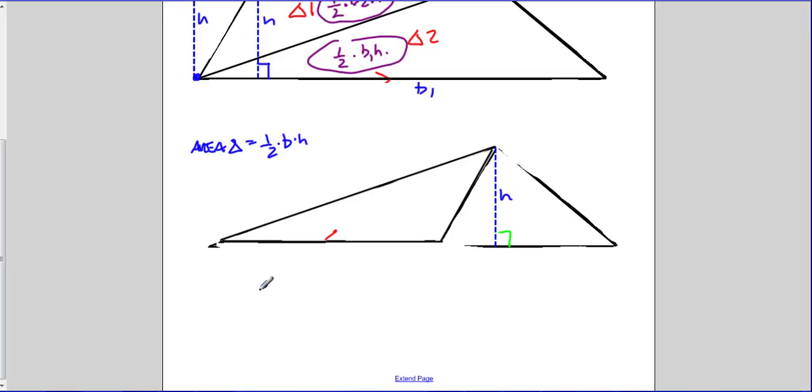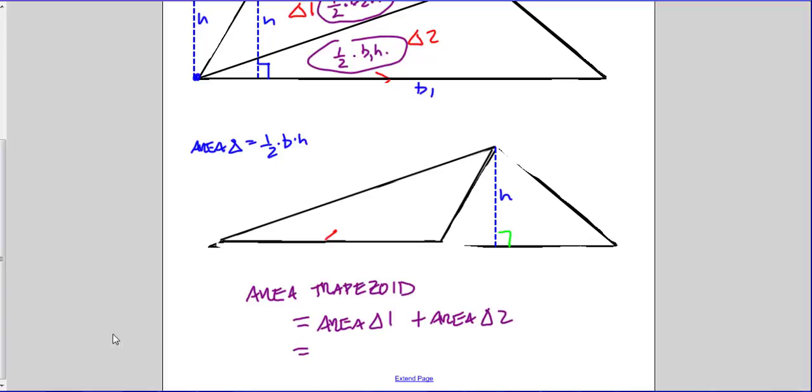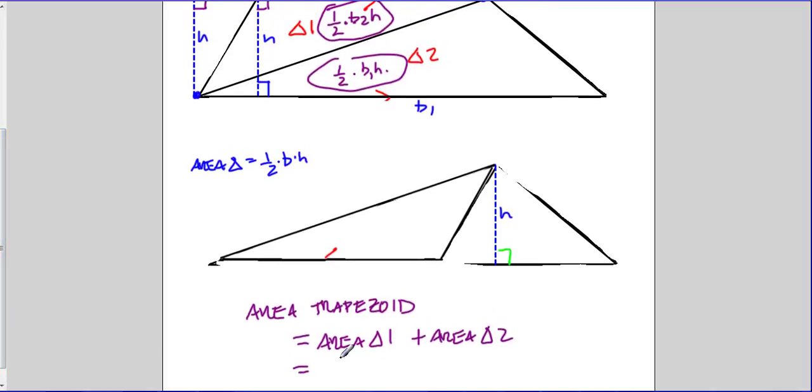So then that leaves us with the area of the trapezoid is the sum of the two triangles. So that's the area of triangle 1 plus the area of triangle 2. The area of triangle 1 is 1/2 times b sub 2 times h, the way I've written it, plus the area of triangle 2 is 1/2 times b sub 1 times h.